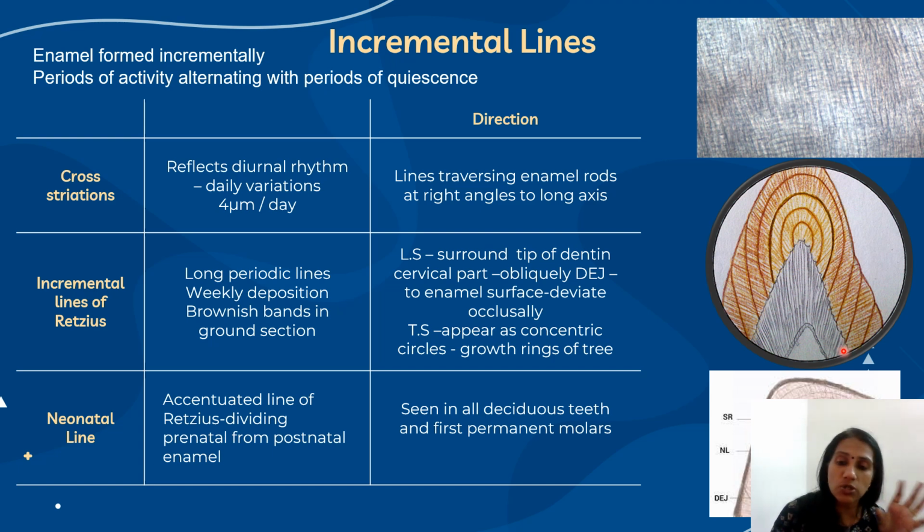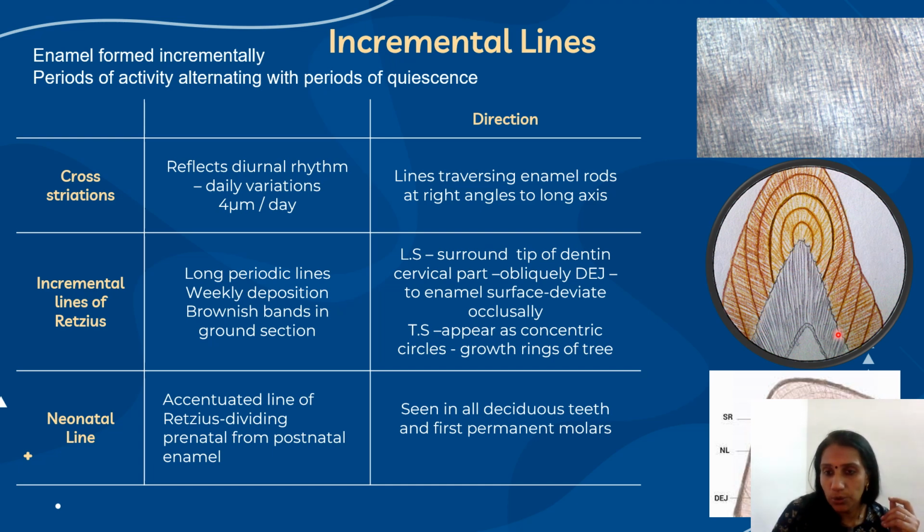The ameloblast will usually work for around 4 to 5 days. That is the working period of an ameloblast. So the distance between two striae of Retzius will vary between 16 to 20 micrometers, because it is 4 into 4 or 4 into 5 days. When you look at the arrangement of these striae of Retzius, notice here, around the tip of the dentin it is arranged as a semicircle.